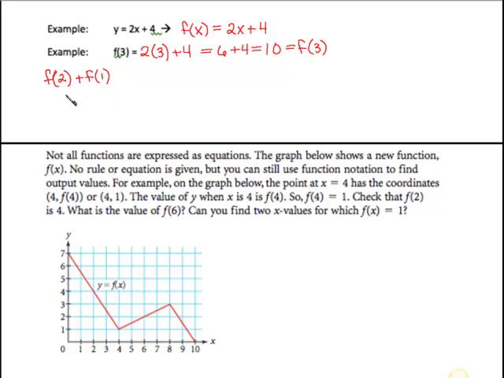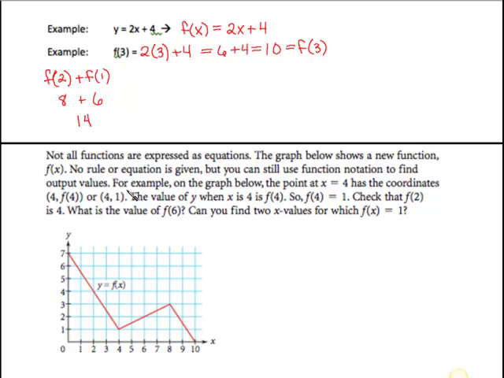We can say, okay, f of 2 would be 2 times 2 plus 4, that's 4 plus 4, that's 8. f of 1 would be 2 times 1 plus 4, so 2 times 1 is 2, plus 4 is 6, and then we can add those together to get 14. Okay, so we can do things like that. We can multiply function notation, we can subtract different function notations, we can divide, and we'll get to that. That's one benefit of using function notation.